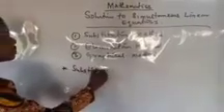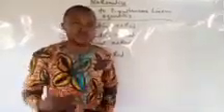All right, let us start with the first one, and that is the substitution method. To solve questions involving simultaneous linear equations using the substitution method, there are procedures you must follow.